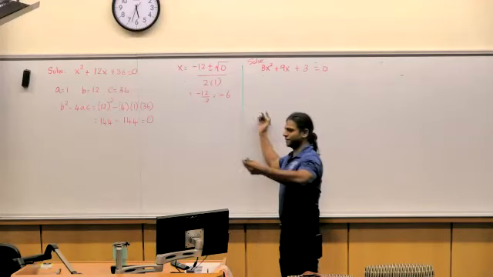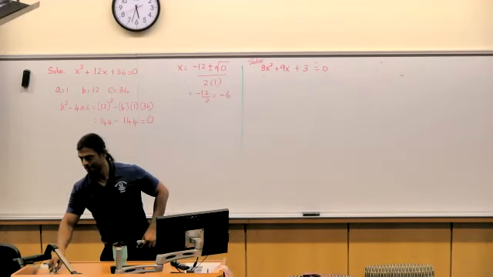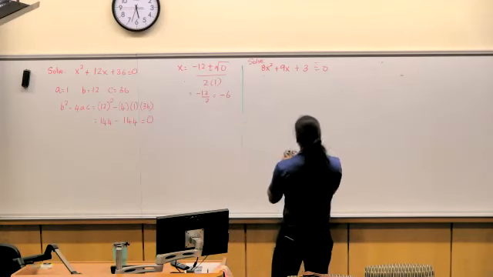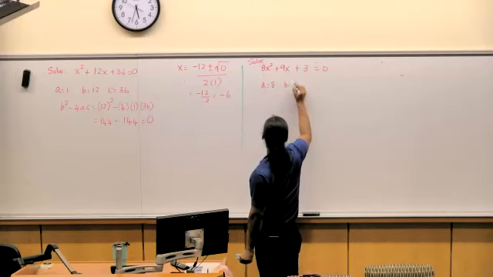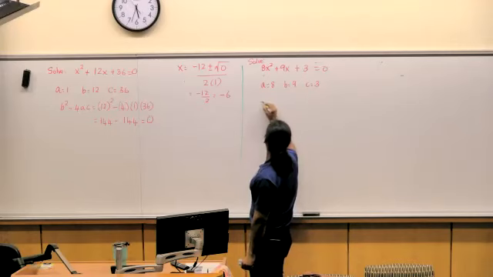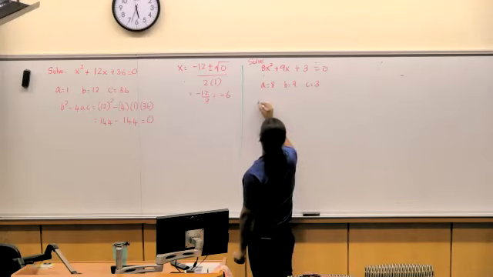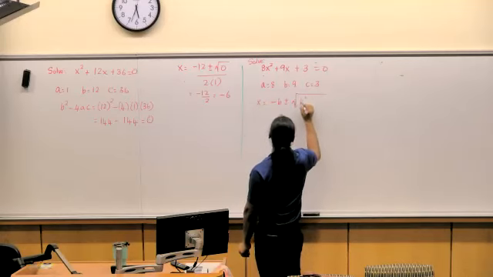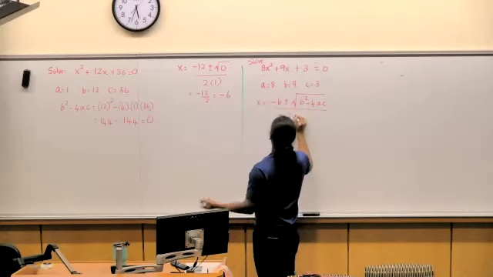Did we get one solution, two solutions, complex solutions? Two complex solutions. They are conjugates of each other. So A is 8, B is 9, C is 3. I'm going to do it directly so that you can see how to do it directly.